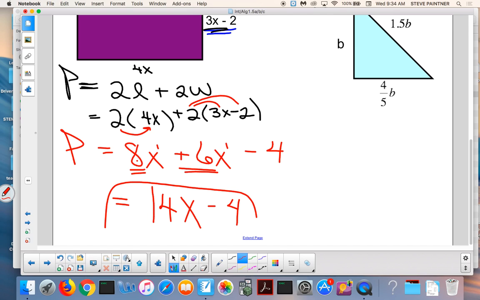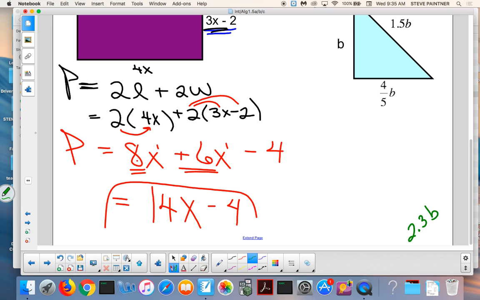Perimeter of the triangle. Let me just see what kind of answers we have. Hayden, what do you have for this one? I don't have any. Emily, what do you have? Chanel, what do you have? Courtney, what do you have? 2.3b. Okay. Chris?